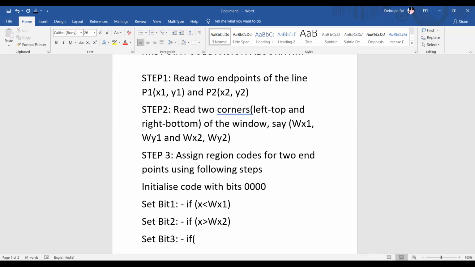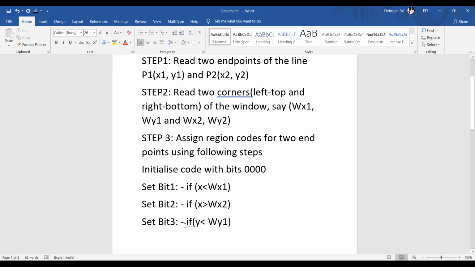If y is less than WY1. Next one is set bit 4 if y is greater than WY2. Then we can set the value of bit 4.